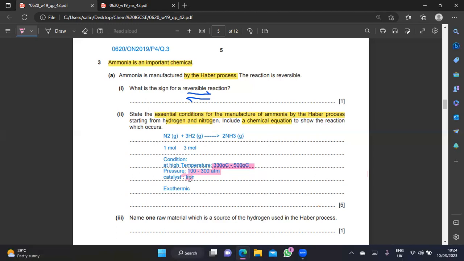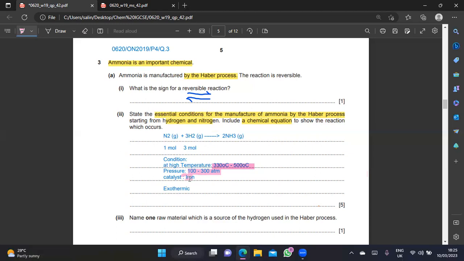Can you start to memorize it now, Gina and Fatima? Yes? Start to put it inside storage in your mind. Haber process, the conditions: 330 degrees C, that's the temperature, until 500 degrees C. I want you to start putting that in your mind.